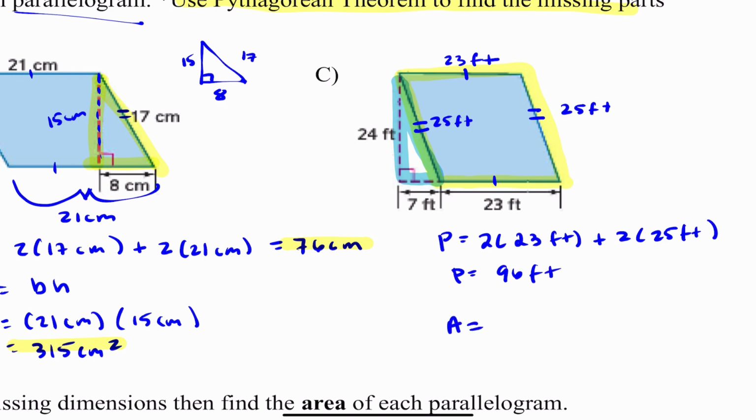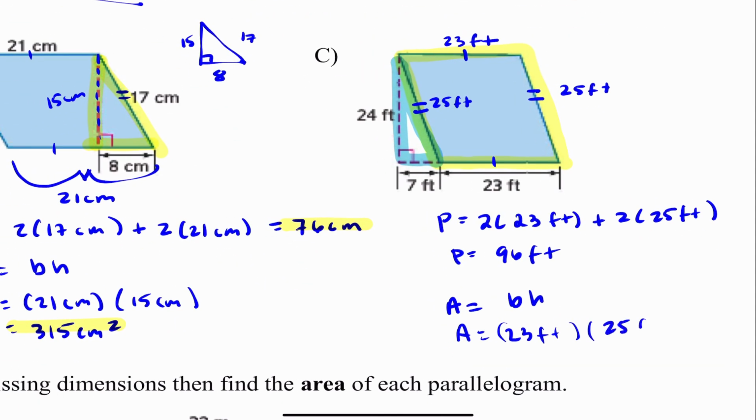And the area is equal to the base times the height. This is the base of the parallelogram itself. You don't include the 7 at all because it's this imaginary line here. So we're actually referring to this side length. It's 23 times its height, which is 24. So A is equal to 23 feet times, oh, I'm sorry, I made a mistake.